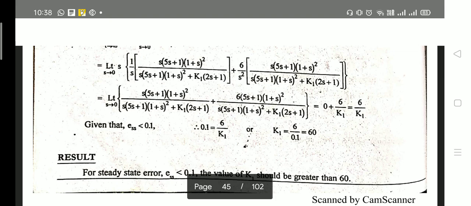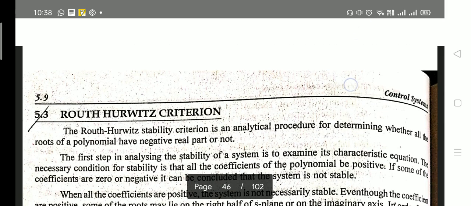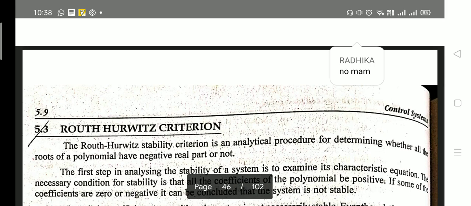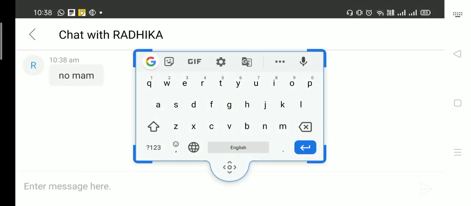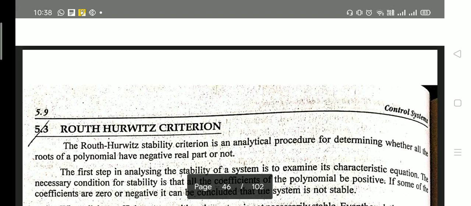answer. Any doubts from this? Any doubts? Okay.